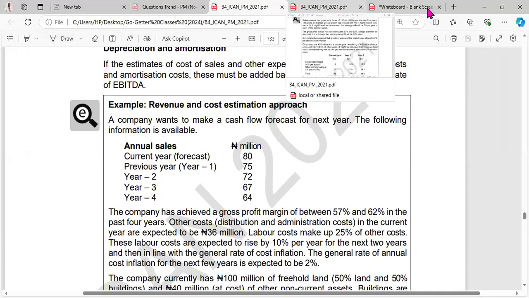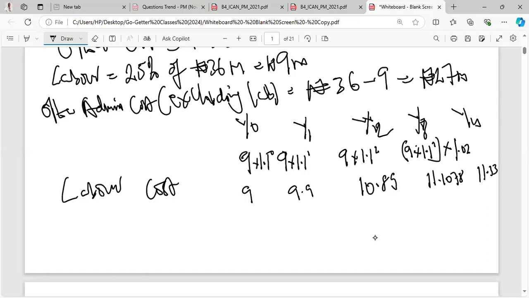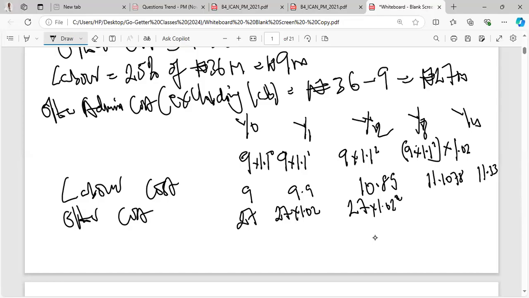So what it means here is other costs, first one here is 27M. Here will be 27 times 1.02, and then 27 times 1.02 raised to power 2. So let's just do this for 2 years. This is 27.